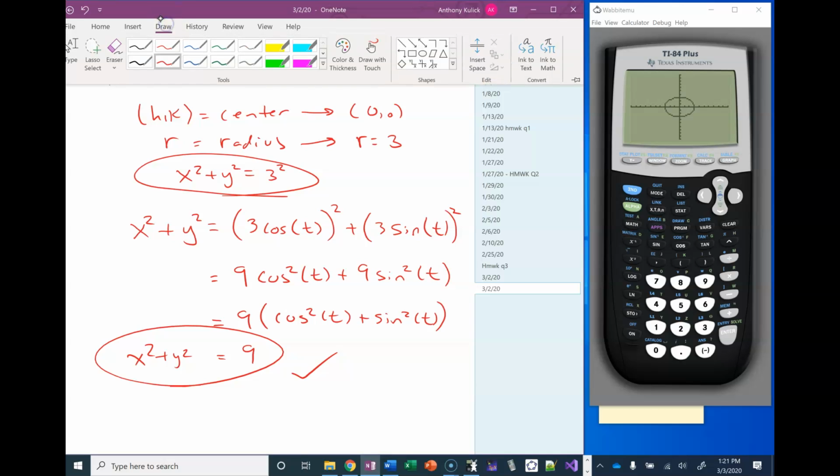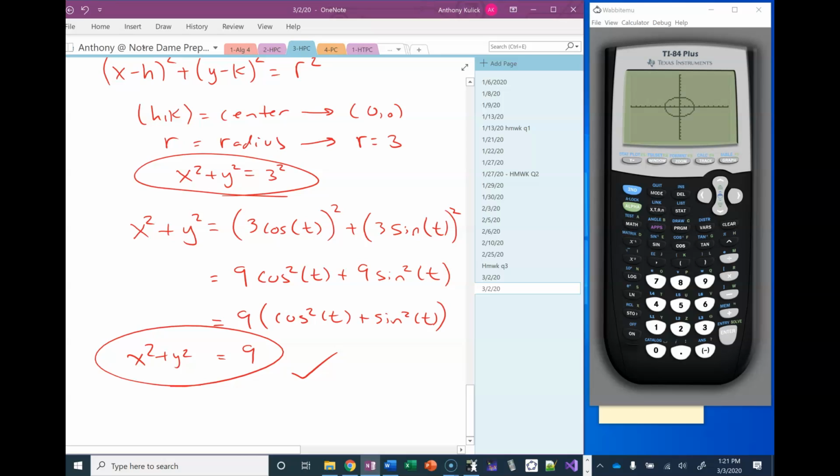So again, depending on what you have, it may not be convenient to try to find that Cartesian form algebraically. We might have to use some previous geometric knowledge to make that work. Okay?